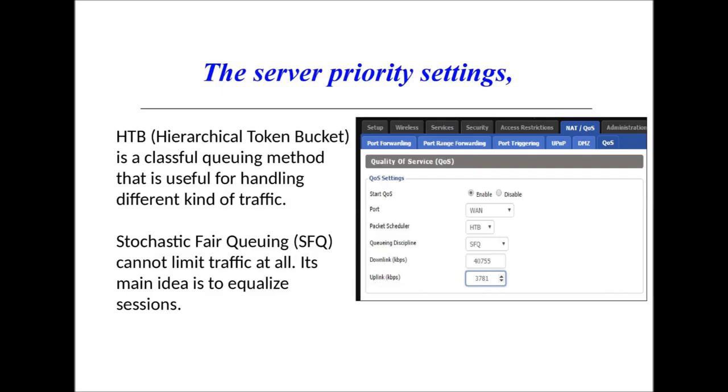The server priority settings. HTB, hierarchical token bucket, is a classful queuing method that is useful for handling different kinds of traffic. We are discussing again and again that if a user wants to transmit a simple email, then this email needs a very low amount of bandwidth.